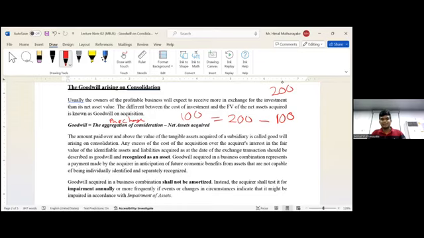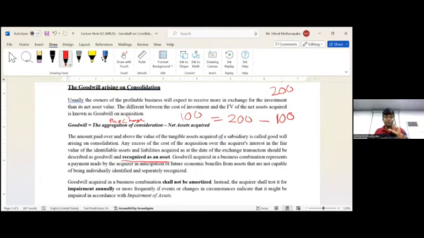Therefore, you need to recognize this goodwill in the consolidated financial statements as an asset, because this is externally generated goodwill. When I buy this company, I need to value this goodwill.